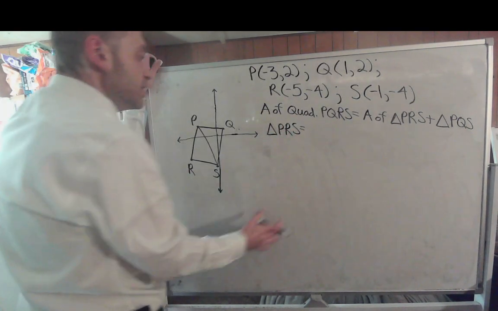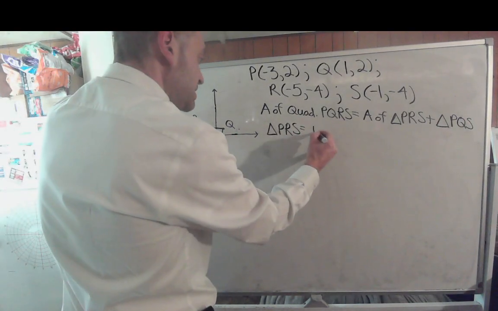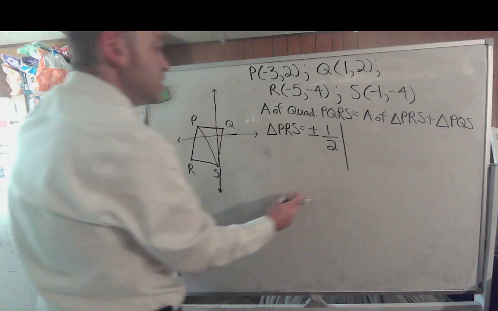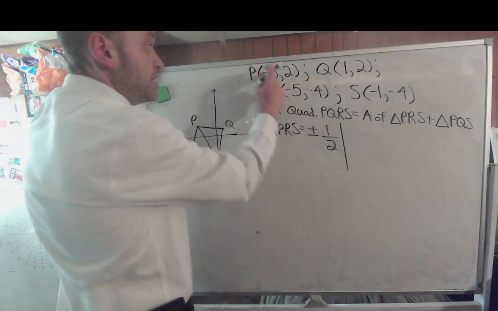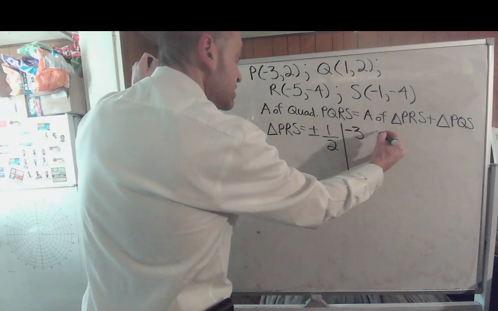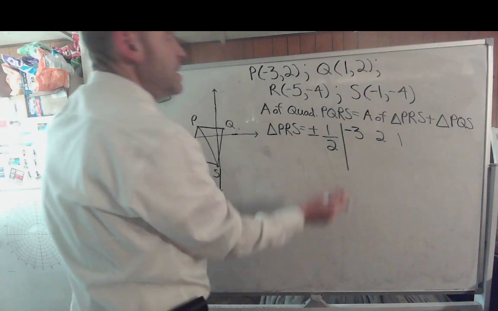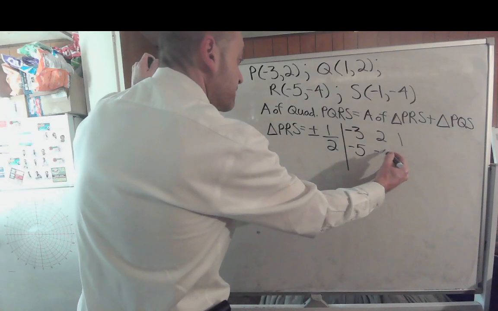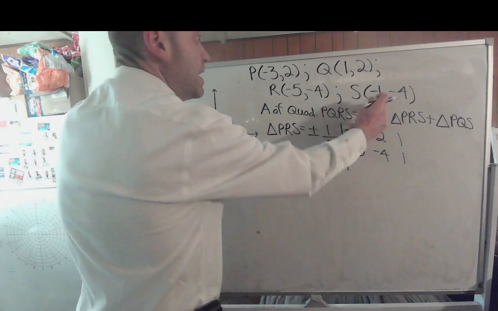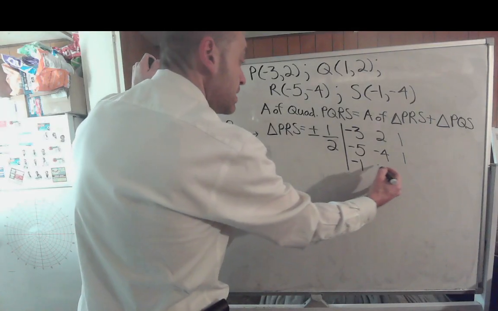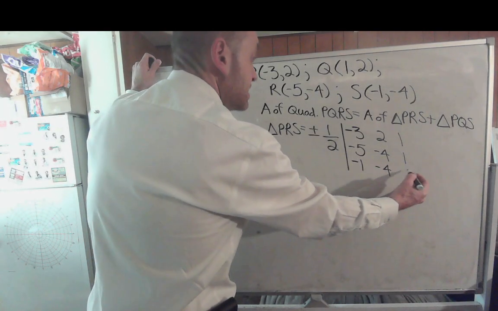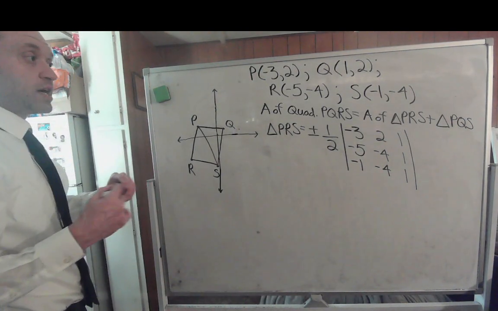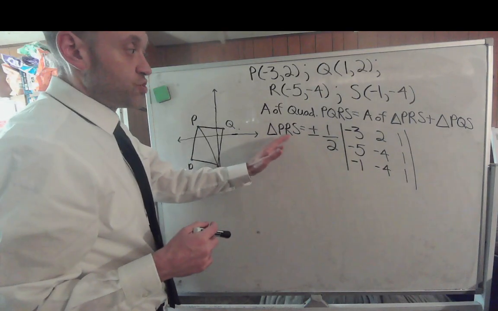The area is going to equal plus or minus 1/2 times the determinant of your points: P, negative 3, 2, and then a default 1; R is negative 5, negative 4, and then a default 1; S is negative 1, negative 4, and a default 1. So there's the area of triangle PRS.